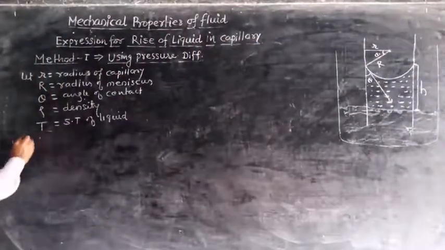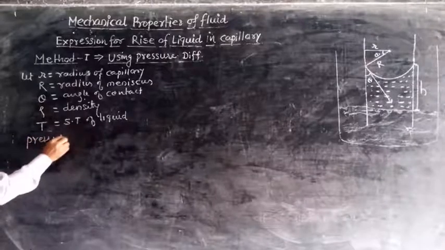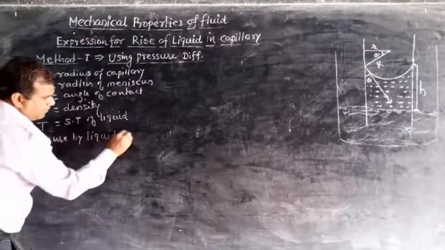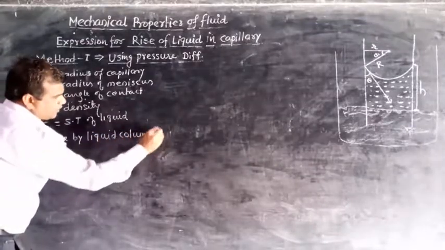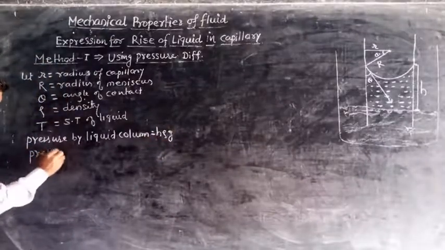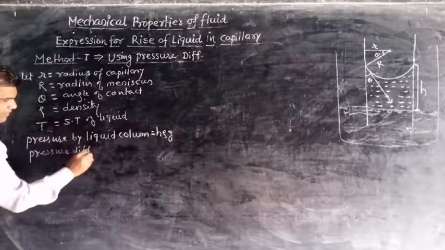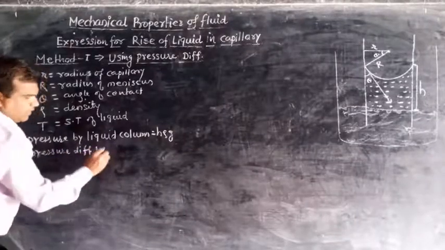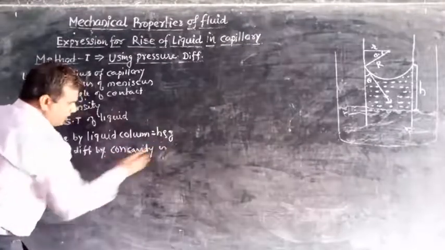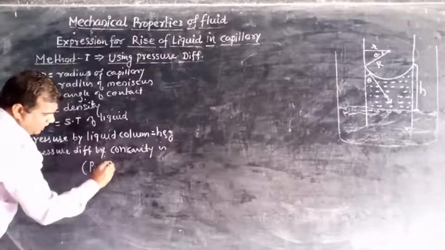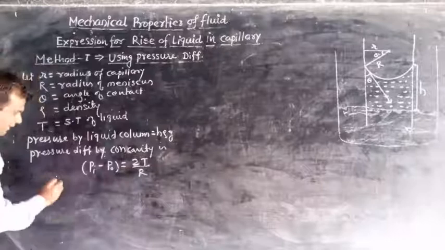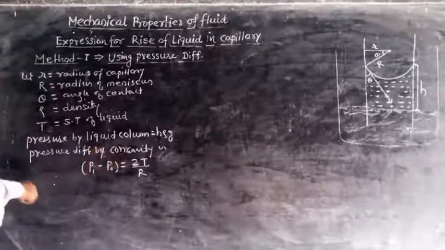So pressure by liquid column is equal to h rho g, and then pressure difference by concavity is Pi minus Po equal to 2T by R, and therefore these two pressures are equal.